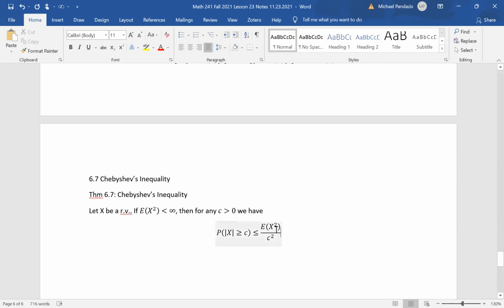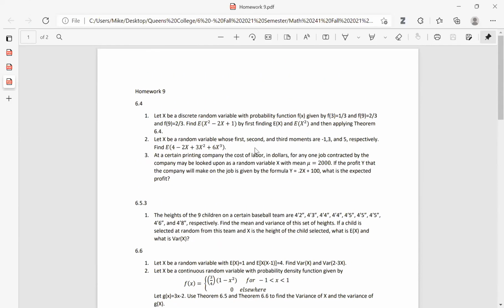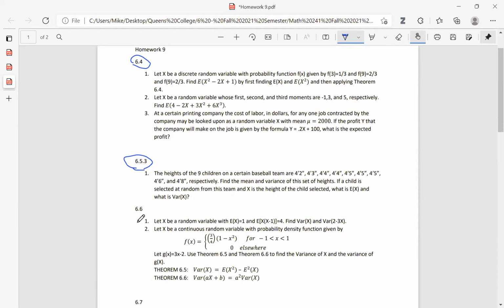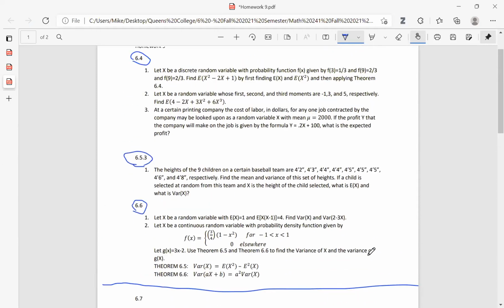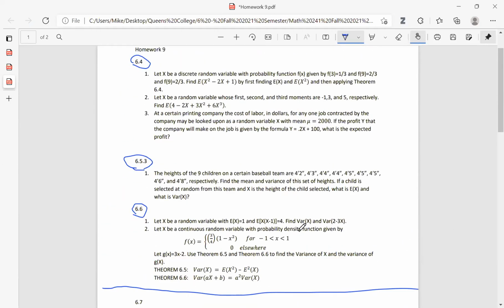Okay, and so we're going to stop here for this lesson. Let me just assign homework. We went over homework 8, and so we're up to 6.7 now. For homework 9, I want you to do section 6.4, 6.5.3, and 6.6. We're not yet going to do 6.7.